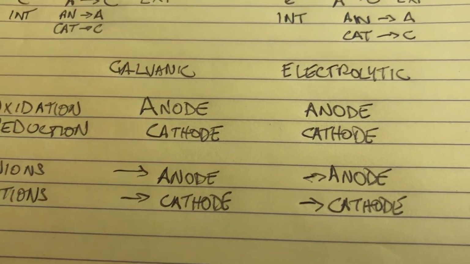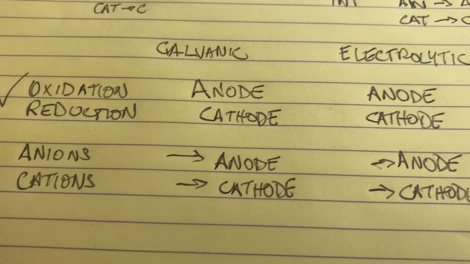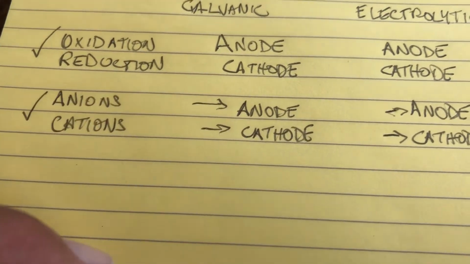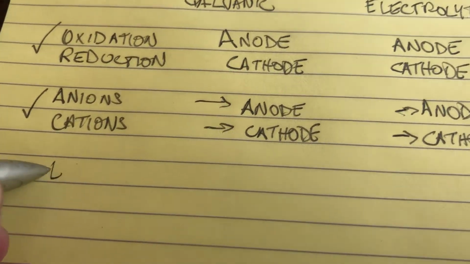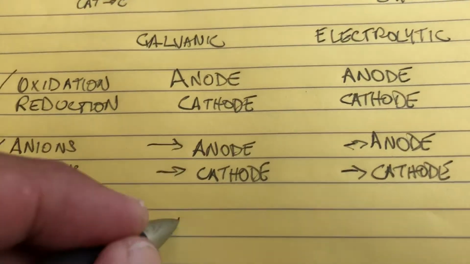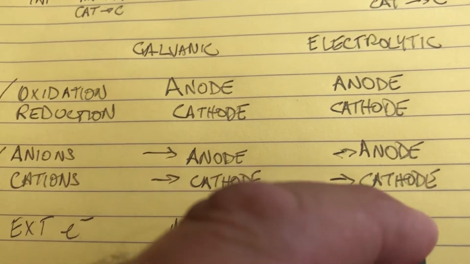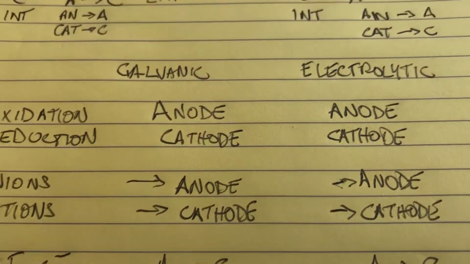Right, so these are the same. Oxidation and reduction both occur at the same electrodes. Anions and cations both go to the same electrodes. And in the external circuit, the electrons go from anode to cathode in both cases.